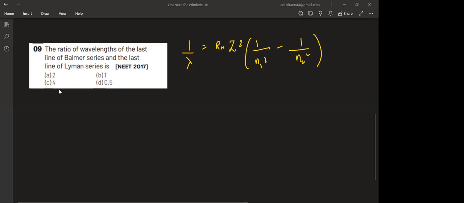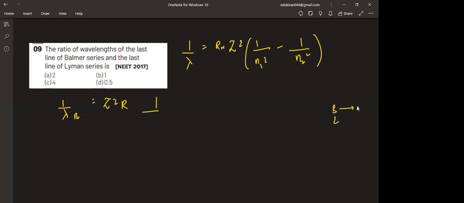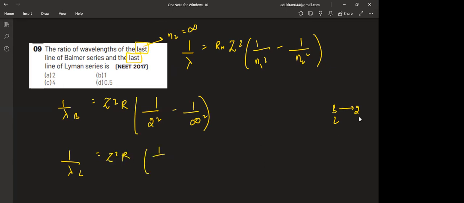Now see, for Balmer series this is going to be Z square R. We have seen Lyman was the first, second was the Balmer. So this is going to be 2 square and 1 by infinity square. Whenever it says last line, n2 is equal to infinity. And when it says shortest wavelength, it means the next consecutive one. So for Lyman, 1 by lambda is going to be Z square R, 1 by 1 square minus 1 by infinity square.